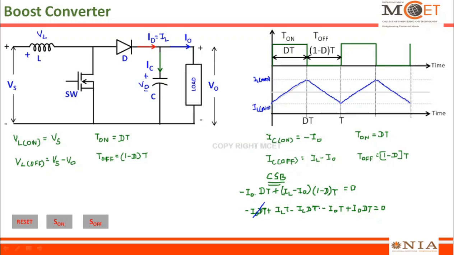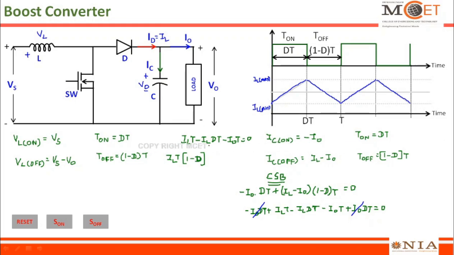So from this expression, this and this will get cancelled out and it is left out with IL into T minus IL into dT minus I naught into T is equal to 0. IL into T, if I take it common out, this becomes (1 minus D).